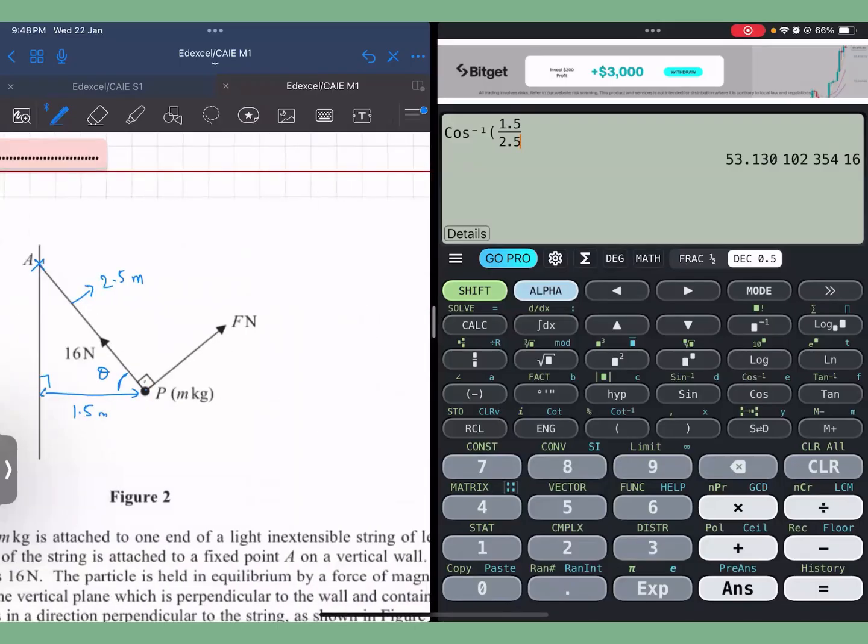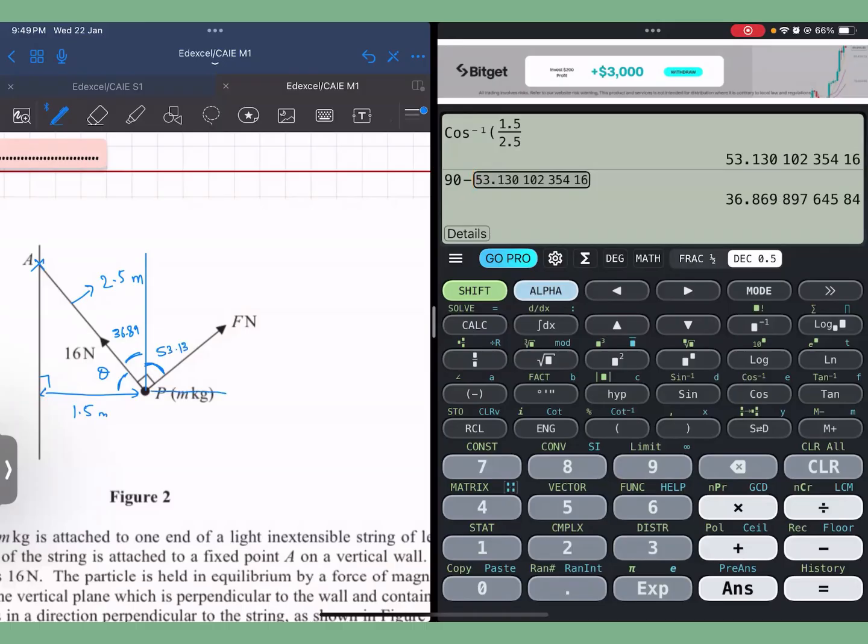So if this is 53.13, then if I draw a vertical over here, this angle would be 90 minus 53.13, which is 36.87. And this would again be 90 minus 36.87, the same as 53.13.